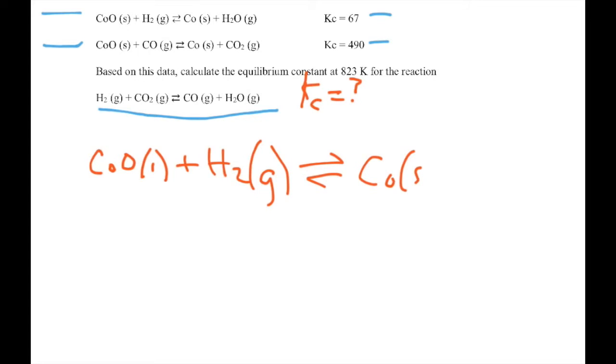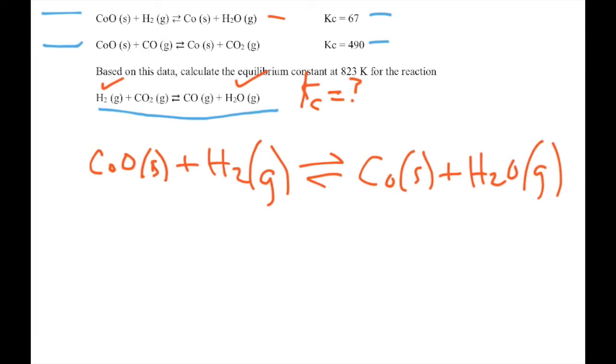It seems to be writing a little bit better. So there's our first reaction here, and we have a constant associated with that reaction. So we do have the H2 that is in our overall reaction, and we do have water.